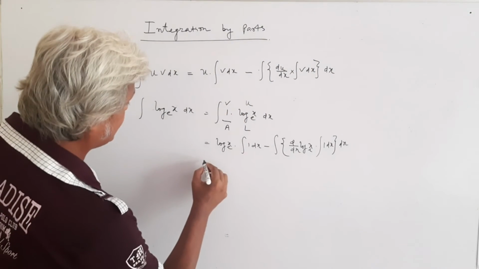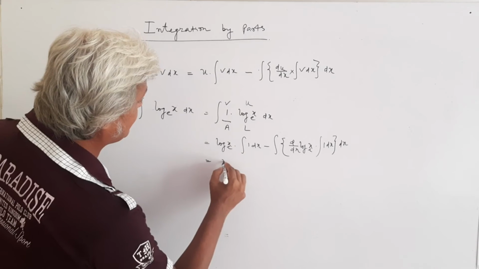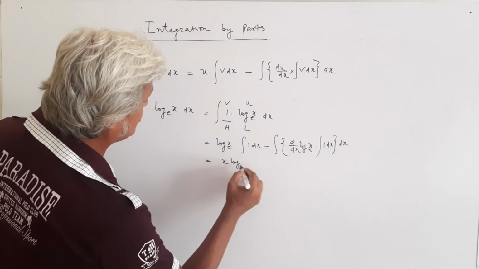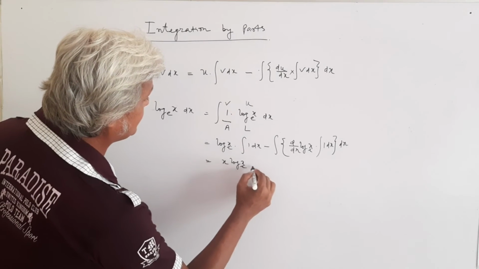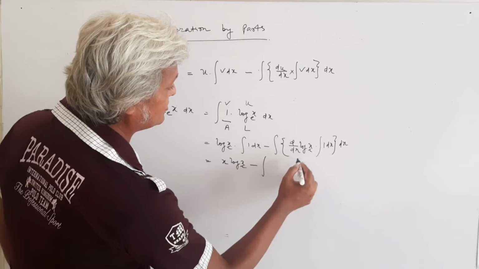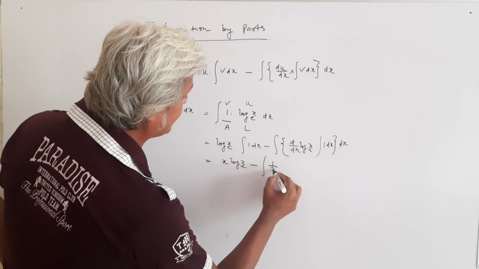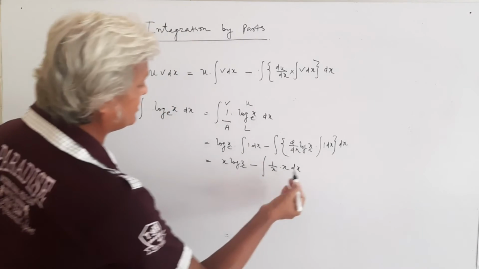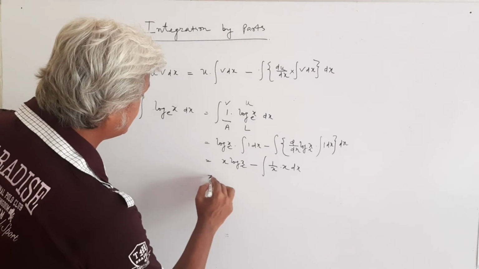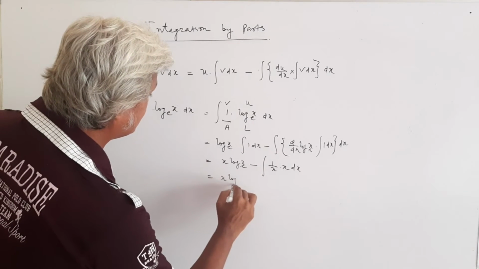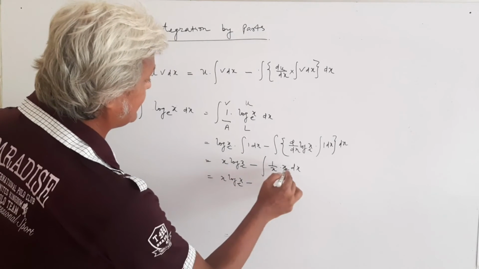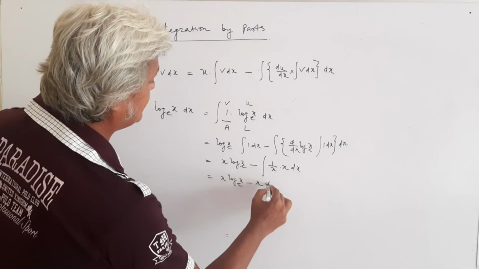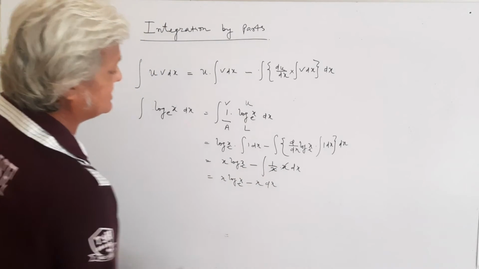So here you see the integration of 1 dx is x, so I prefer writing here first. So x log x to the base e minus differentiation of log x is 1 over x and integration of 1 dx is x dx. So this one gives you the integration of 1. So x log x to the base e minus integration of 1 is x dx, because you see x and x is just 1.